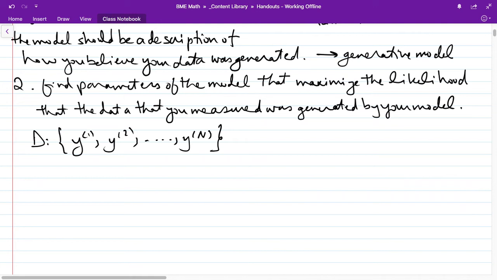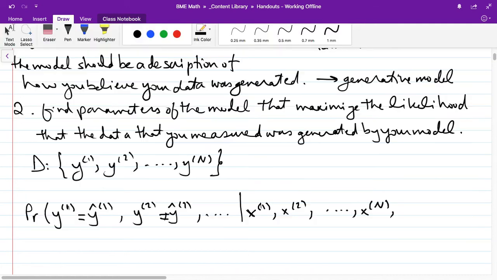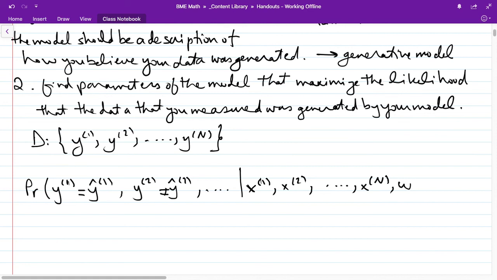So what does that mean? We have to describe the joint probability of Y1 being equal to my estimate, Y2 being equal to my estimate, given that I observed X1, X2, Xn, and I have some weights W. So this is the probability that says how likely is it that I have this data that I have here, given that I have some X's that I experienced and I have some W. So the idea is you want to find this unknown W that maximizes the likelihood of having seen this data.